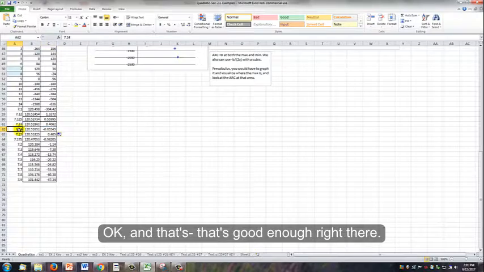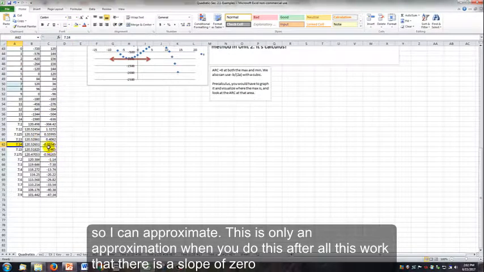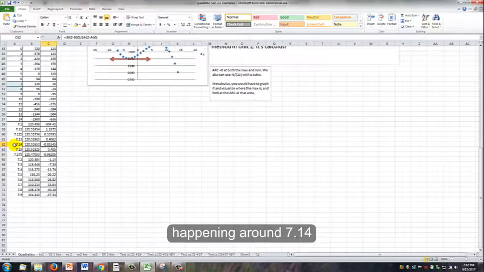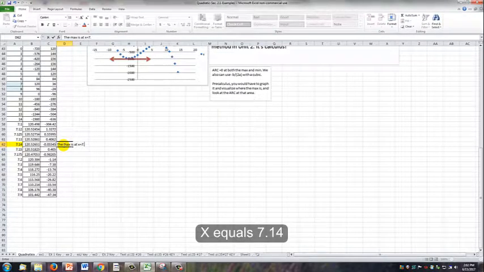Okay, and that's good enough right there. So I can approximate, this is only an approximation when you do this after all this work, that there is a slope of 0 happening around 7.14. And so this is where the maximum is. The max is at x equals 7.14.